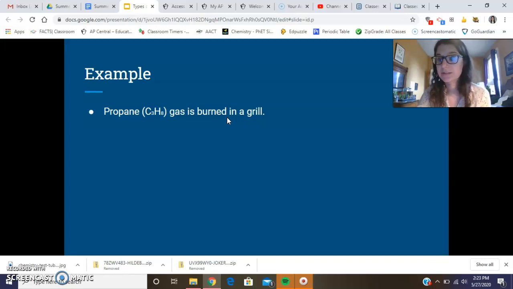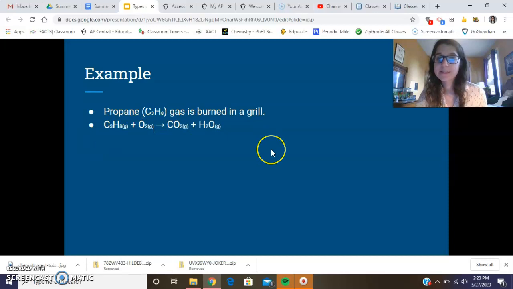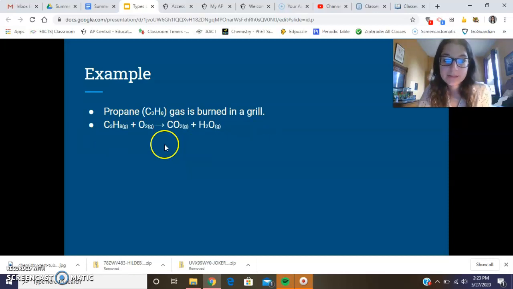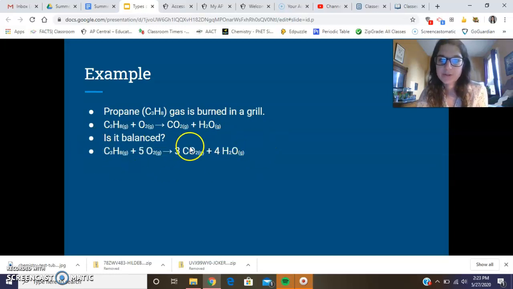Our two products are going to be, because we have carbon and hydrogen burning in oxygen, CO2 and H2O. So here's my skeletal equation. You can tell right away it's not balanced because it's C3H8. We don't have 3 carbons and we don't have 8 hydrogens. So we can balance this equation by adding coefficients, in which we get this equation.